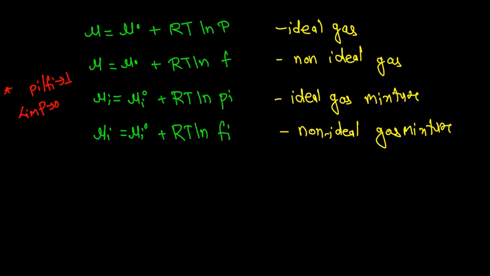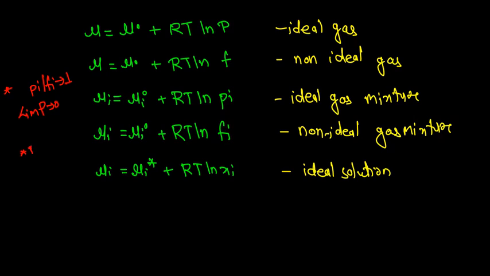Now coming to the liquid solutions, we had mu i equals mu i asterisk plus RT ln xi, where xi was the mole fraction. This is defined for an ideal solution. And now we had f by P as the fugacity coefficient, fi by Pi as the fugacity coefficient of ith component.